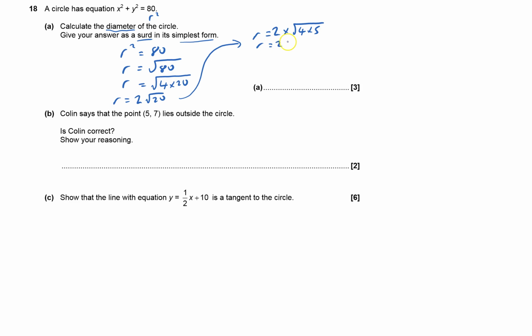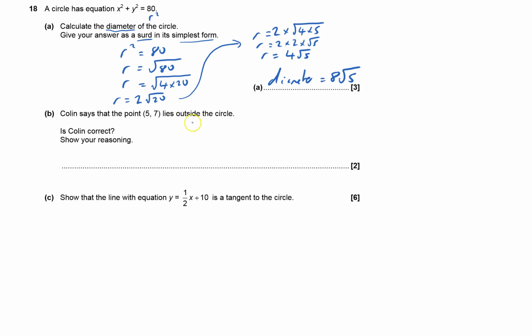So r equals 2 times 2 times the square root of 5, splitting up that square root there, and so r equals 4 root 5. It wants the diameter, so the diameter will equal 8 root 5 because it's twice as long.